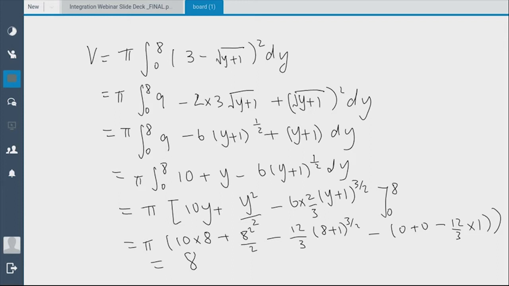All right, so you should get 8 pi on that one. Just write that up, unit cube.